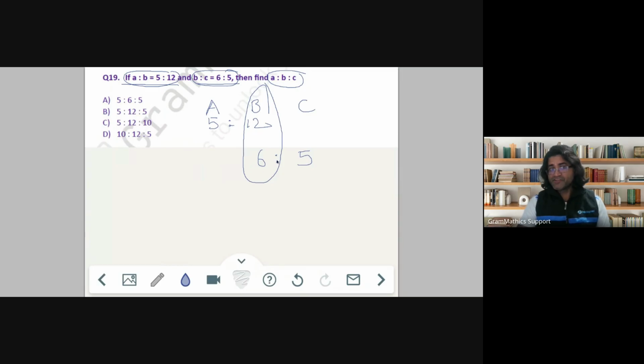So if this is 6:5, in that case, if B was 12, which means times 2, C would also have to go times 2, has to become 10, because 6:5 as a fraction is equivalent to 12 by 10, isn't it? Yeah.